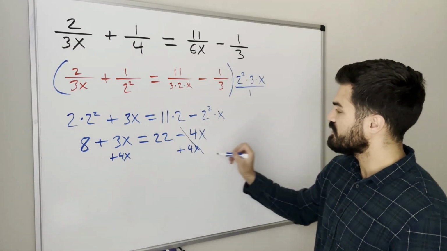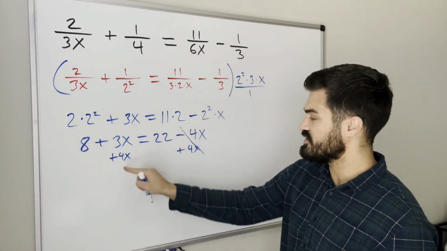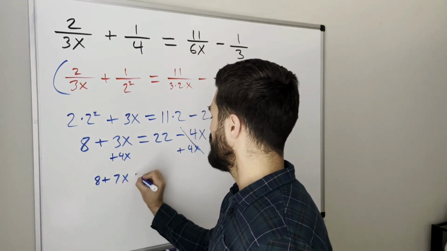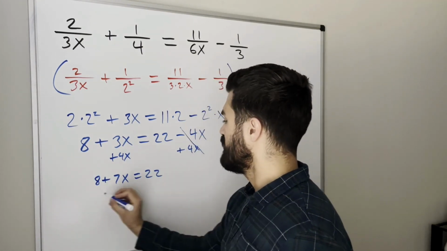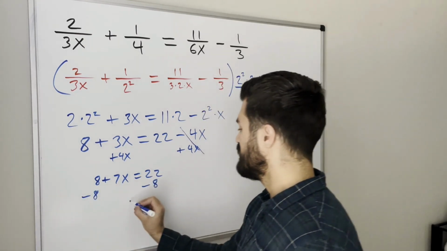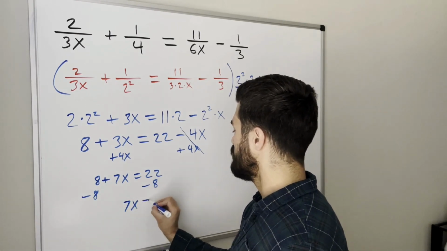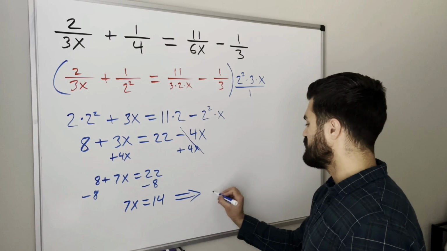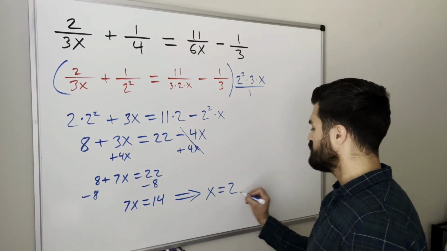So these here are going to cancel, right? We're going to be left with 7x. So I have 8 plus 7x equals 22. Now I can subtract 8 from both sides. And what we get is 7x equals 14. And when we divide both sides by 7, we are going to get x equals 2.